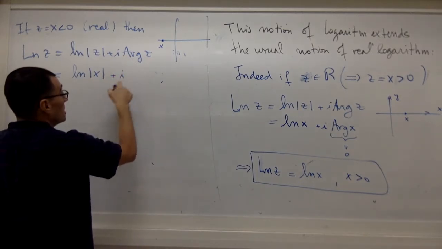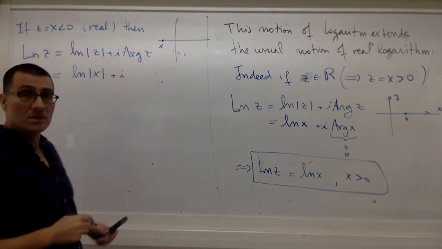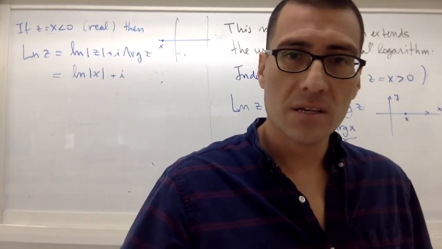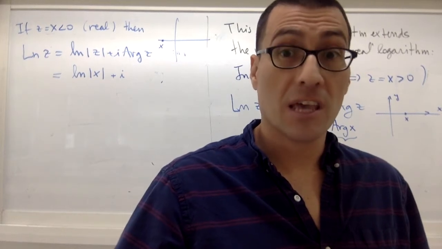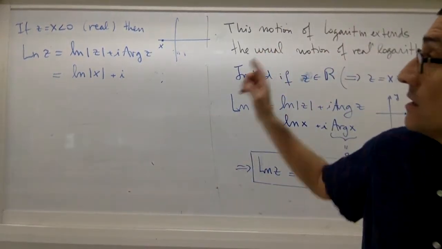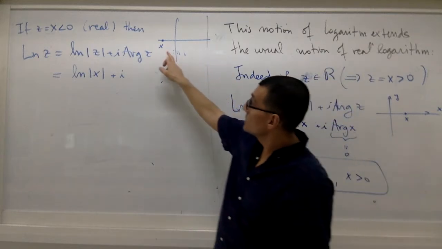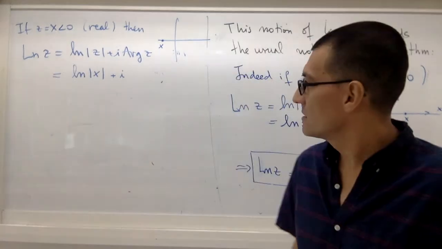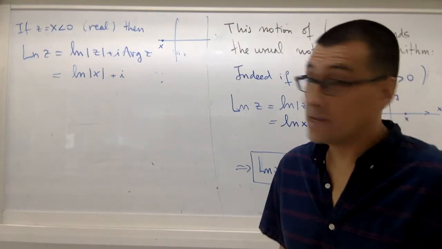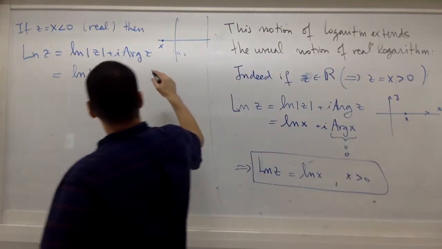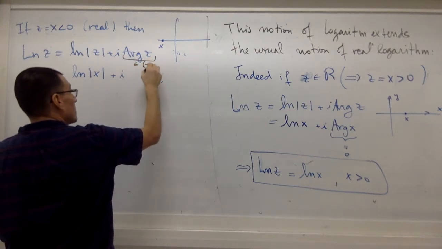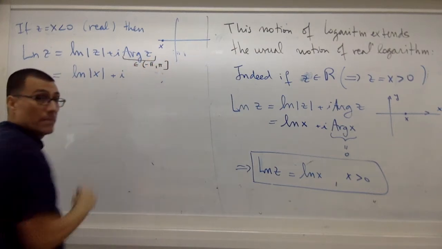So you got this sort of equality. The important thing here is the argument. What is the argument of x? Think about it. What is the argument in this precise case, z equal to x, x being negative? What is the principal value of the argument of x? Well, it's not negative pi, because the principal value of the argument belongs in negative pi, pi, but it's open at negative pi.